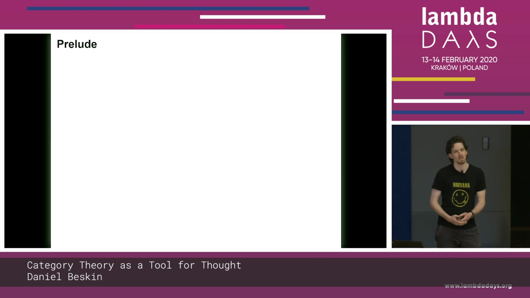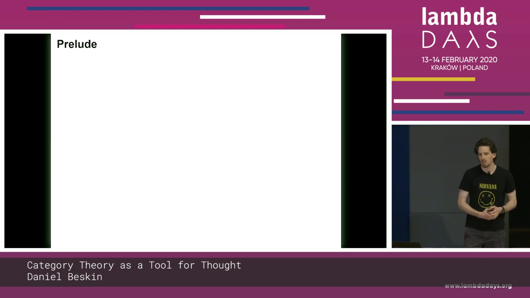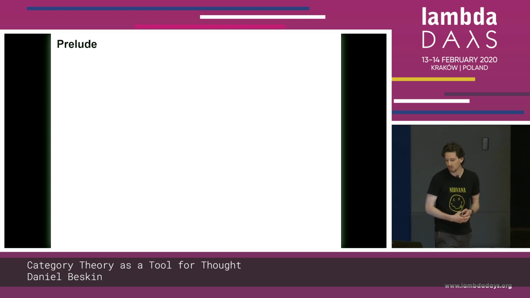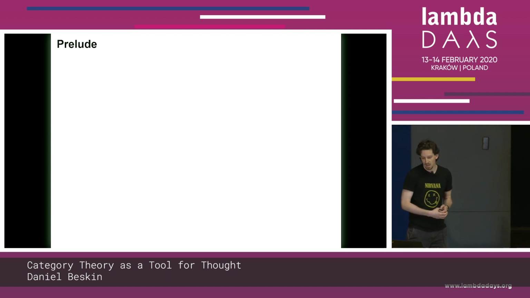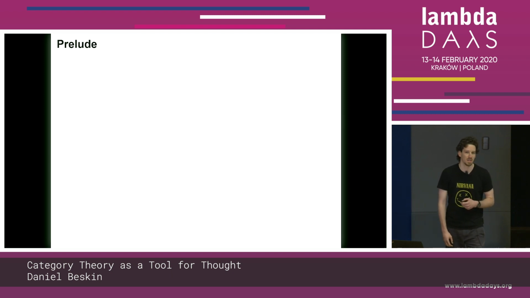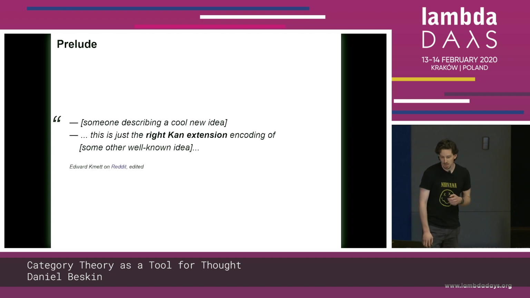If you happen to be following the Haskell community, you probably have heard of someone called Edward Kmett. I'll use him as an example of someone who's very proficient in category theory and the sort of person that inspired this talk. This is a somewhat edited quote from Reddit.